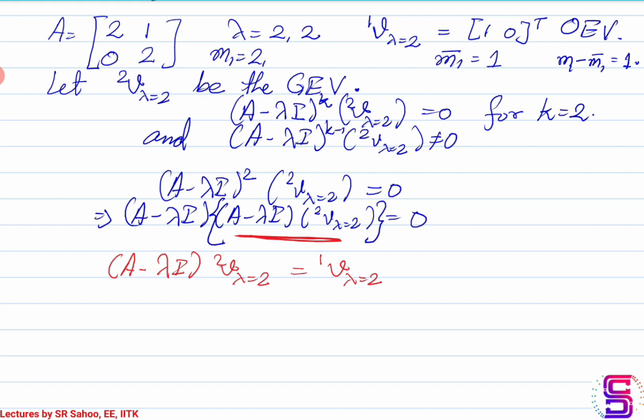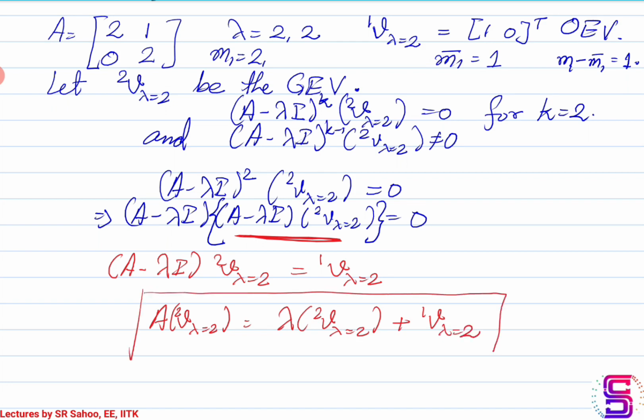So this small relationship essentially yields that A acting on this generalized eigenvector is nothing but lambda times the generalized eigenvector plus the ordinary eigenvector. Right.